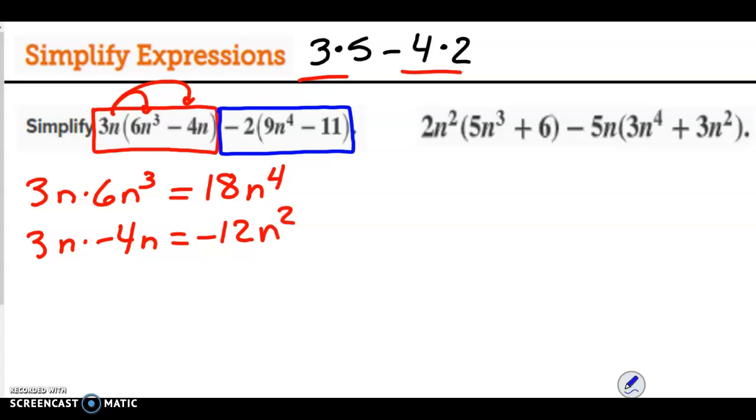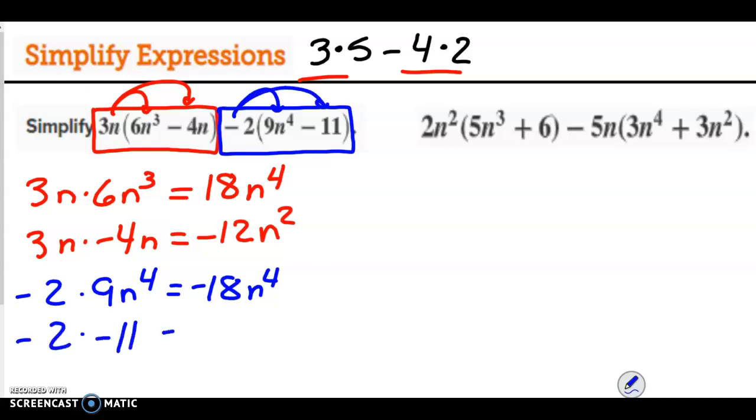Now in the blue, we've got negative 2 times 9n to the 4th. That's going to be negative 18n to the 4th. And then we end up with a negative 2 times a negative 11, which is going to be a positive 22 for you.